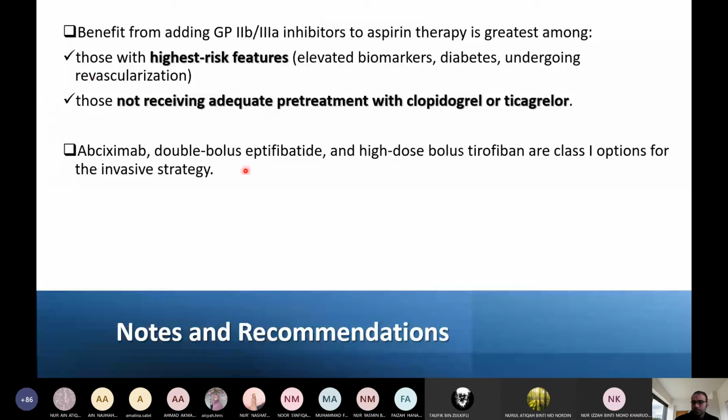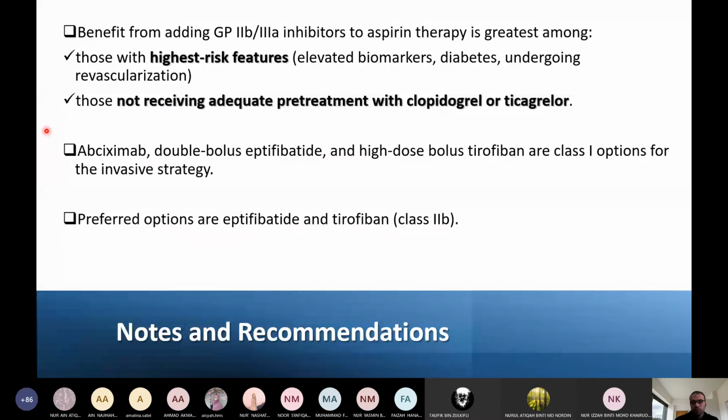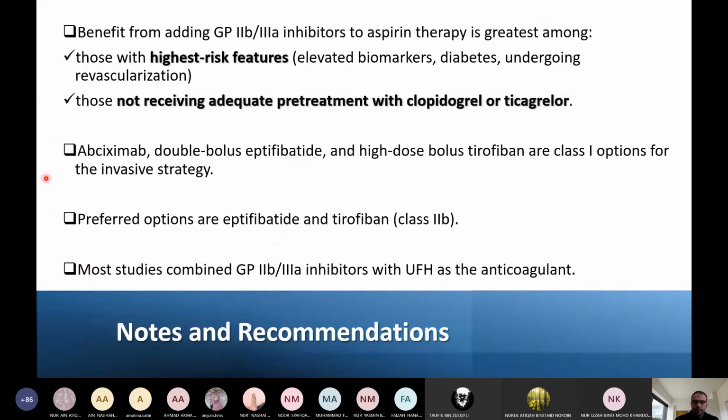The abciximab, the double-dose eptifibatide, and the high-dose tirofiban are all of the same recommendation. Either one will do the job. Preferred option: relatively eptifibatide and tirofiban. In most studies, if you administer any one of abciximab, eptifibatide, and tirofiban as one of the antiplatelets, in this case the anticoagulant is better to be unfractionated heparin.